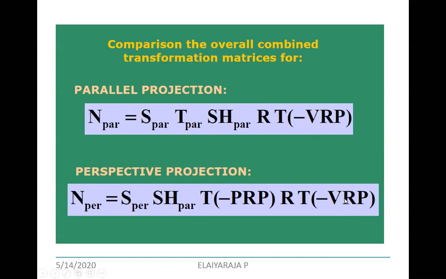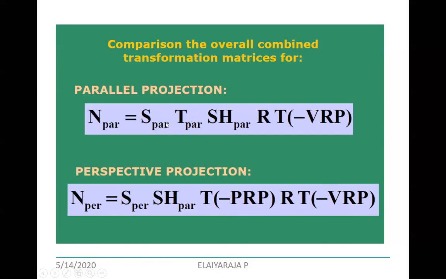In perspective projection, first we bring the viewing volume reference point to the origin by performing rotation and translation. Then you translate with respect to your projection reference point. Here it says about the direction of projection.